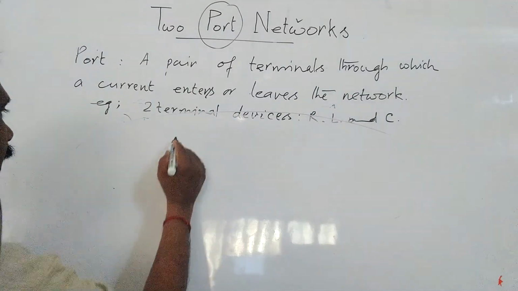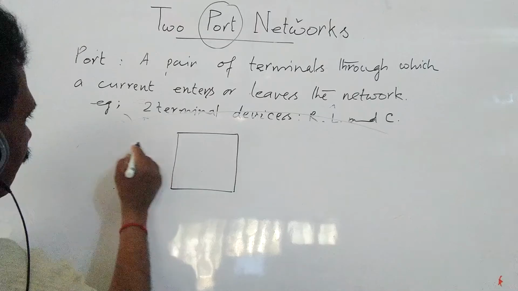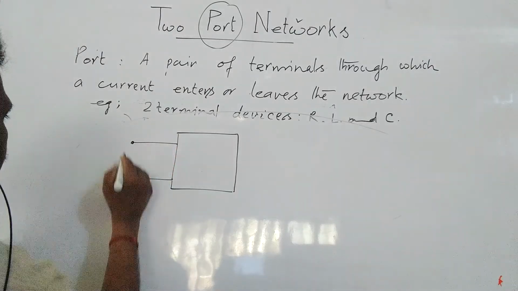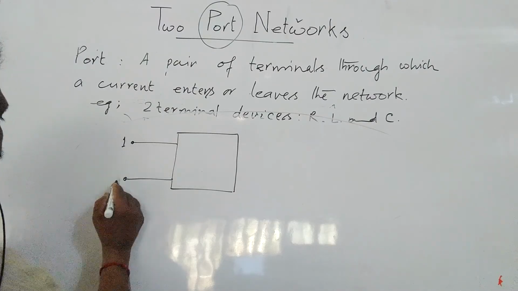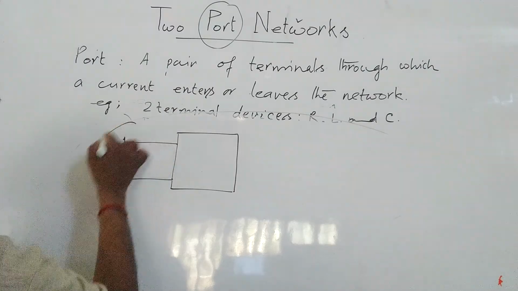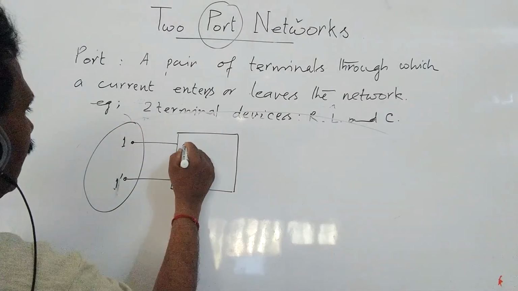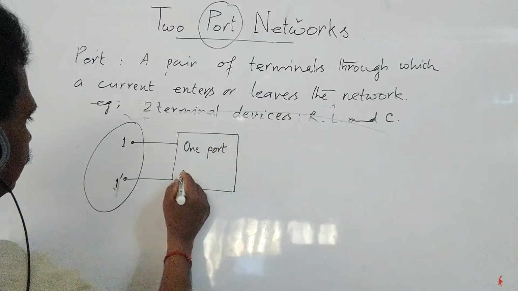By a rectangular box, and here there are two terminals. Okay, 1 and 1 dash. This is 2 port and this one is 1 port network.